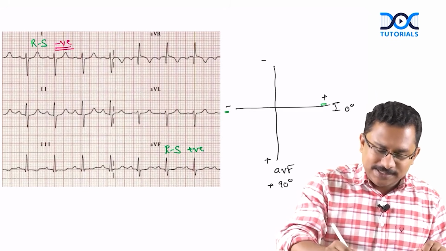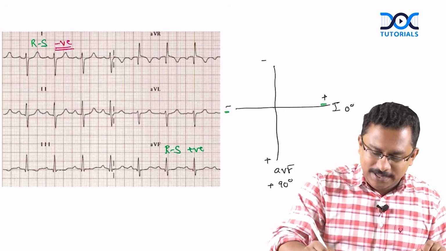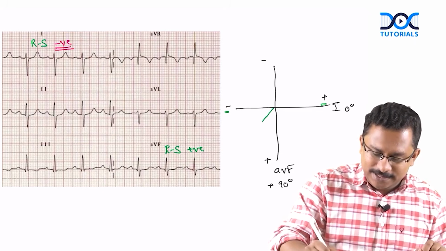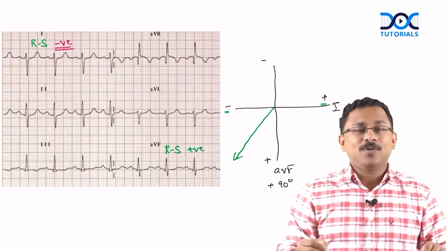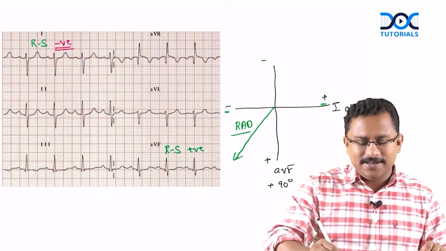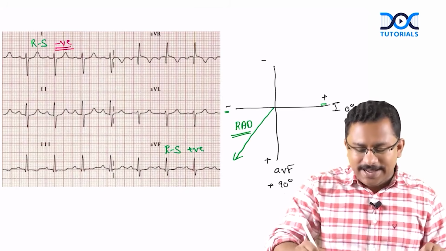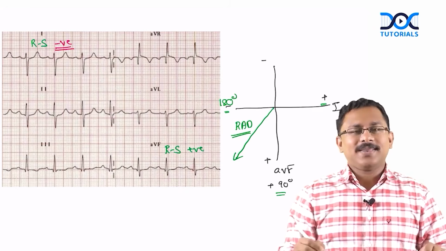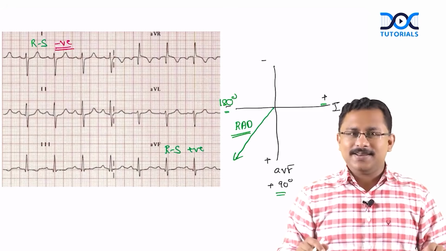Which means the axis would be in this direction. What will you call it? You will call it a right axis deviation, which means the axis is between plus 90 degree and 180 degree.